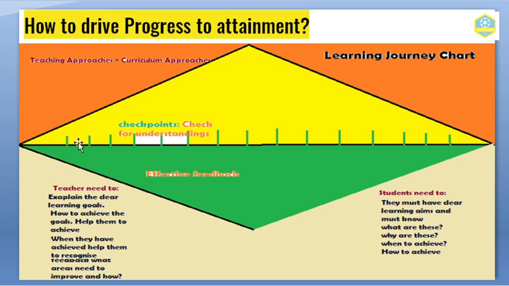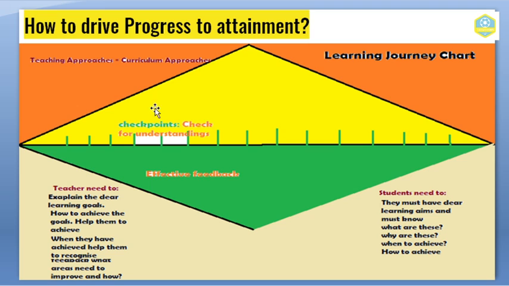Now this line shows a classroom session or time period. This line, you can say, is 55 minutes. All these green lines are the checkpoints during your lesson, within the 55 minutes while you are teaching.